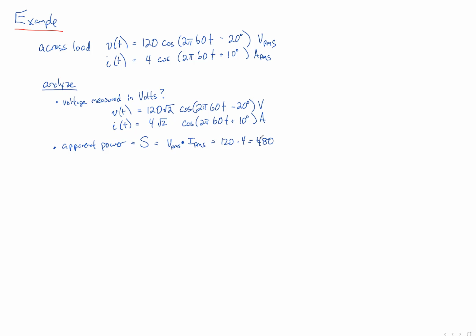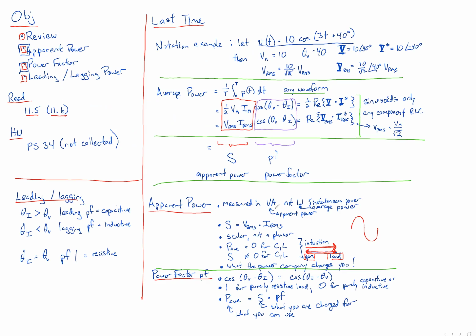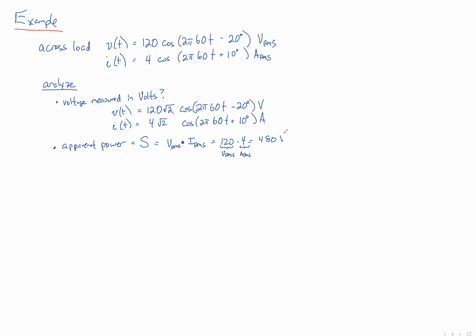And Ben, just finishing it up, what are the units on it? VRMS. That's the units on this. And IRMS is the units on this, amps RMS. But what are the units on the 480? What's the units on apparent power? VA. Don't call it Virginians. It's meant to be volt amps.